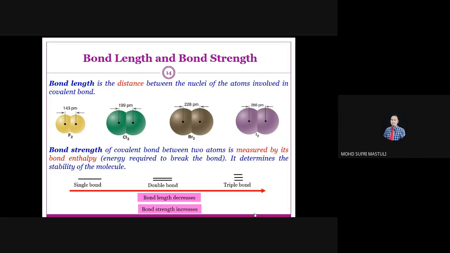The conclusion from single bonding, double bonding, into triple bonding: the length decreases and the strength increases.